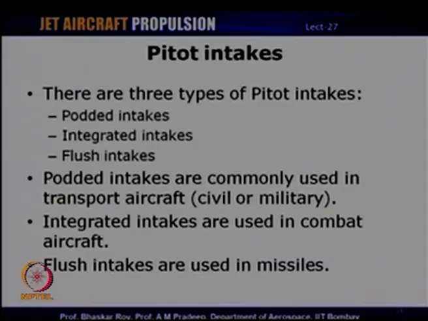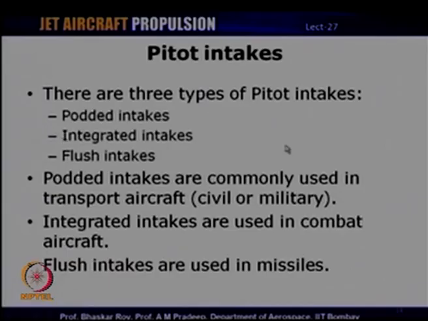So, there are different types of pitot intakes. There are basically three types which are commonly used. Probably the most common type of pitot intake is known as the podded intake, which is normally used in transport aircraft, like the one in the picture I had shown earlier. That is a podded intake.